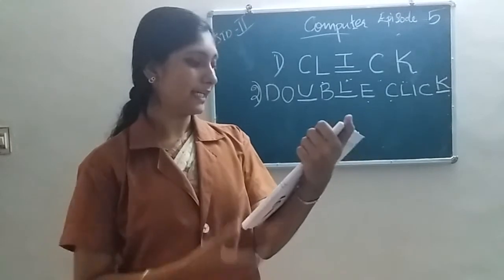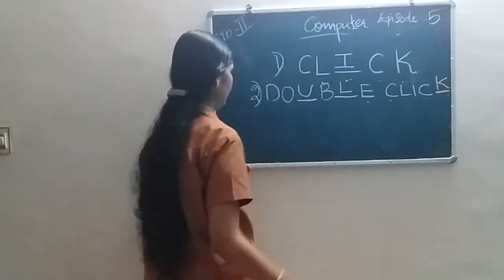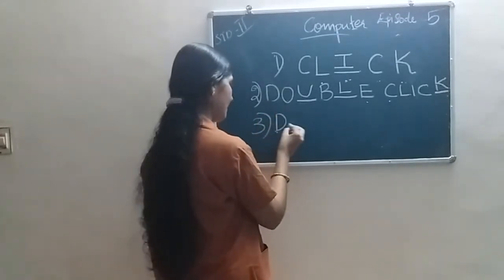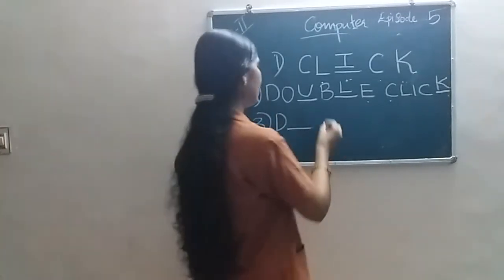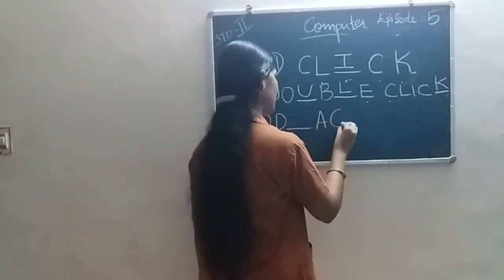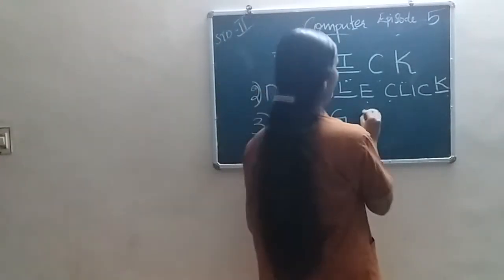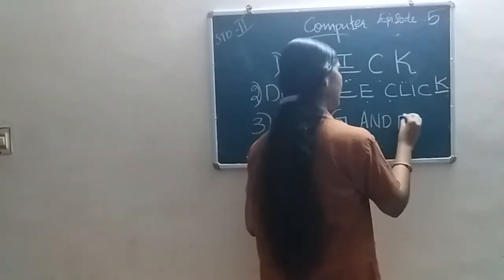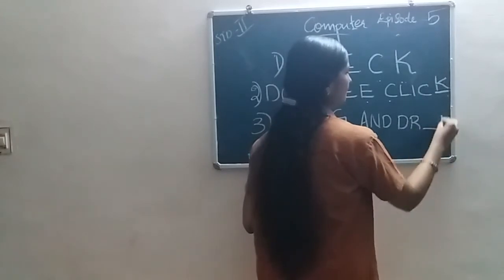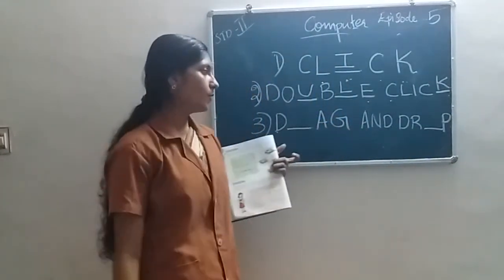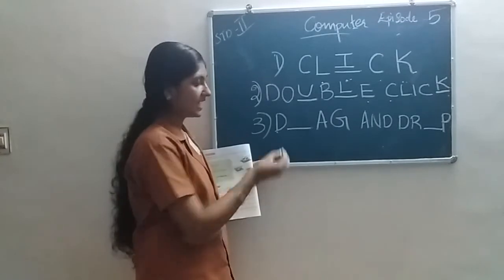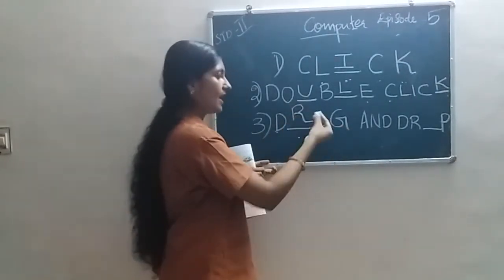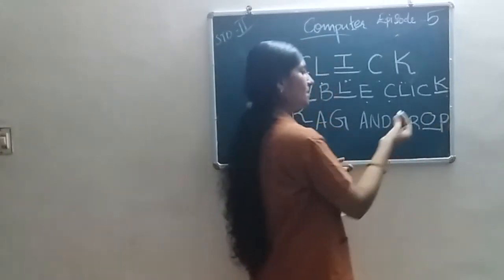Okay. Then, next is third one. There is a missing letter here. D, A, G, and D, R, dash, T. So, what's the word here? D, dash, A, G. Drag, and drop, D-R-O-P.